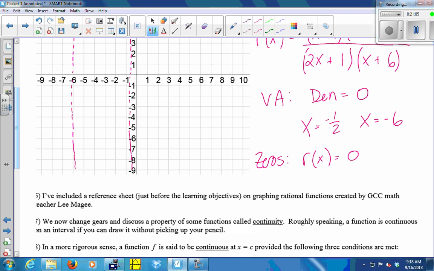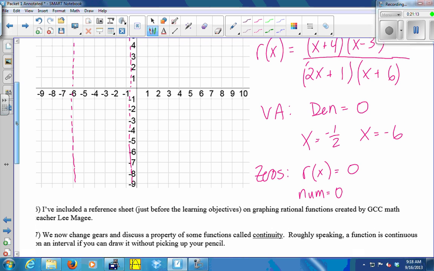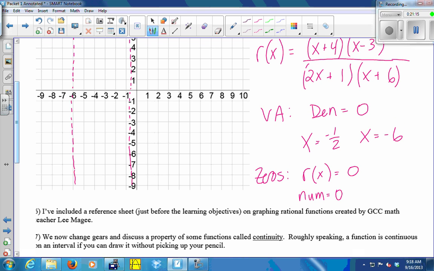When the numerator is 0. So all I have to do is set the numerator equal to 0, and we get x equals -4 and 3. So I'll put those in as my zeros, -4 and 3.